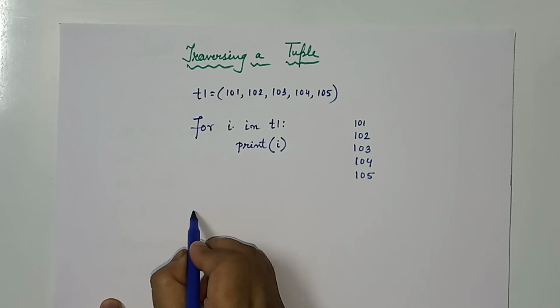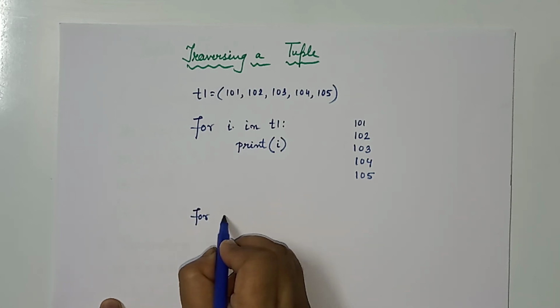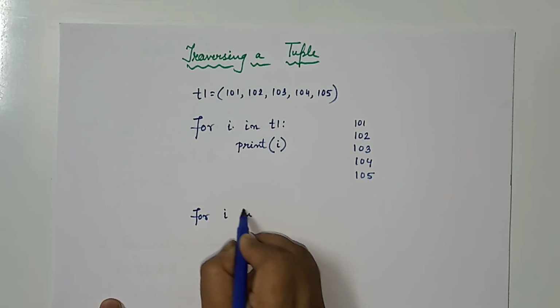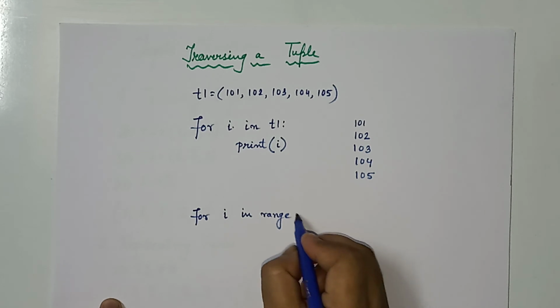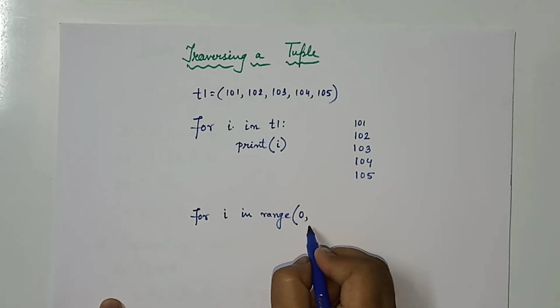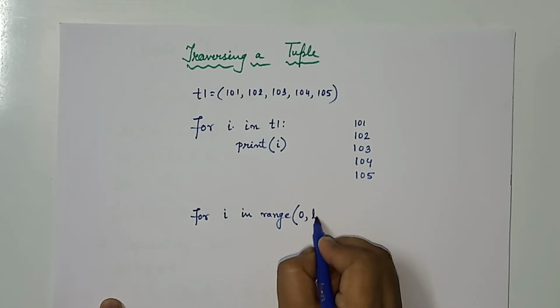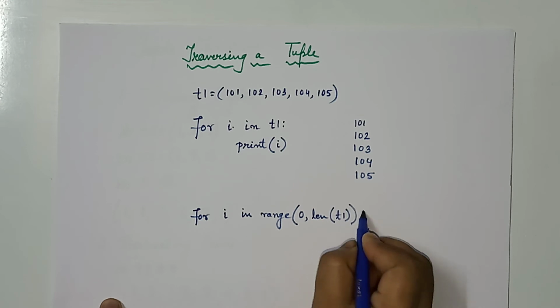Another syntax using the index: for I in range. So we have to start from 0. Let's consider that we are going to use the positive indexing and the length of the tuple.